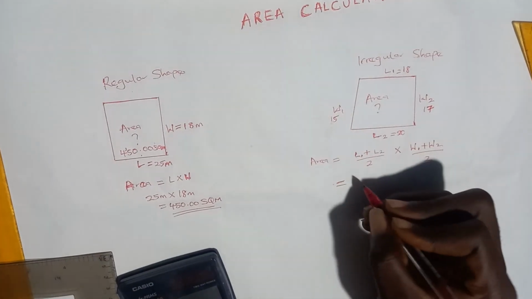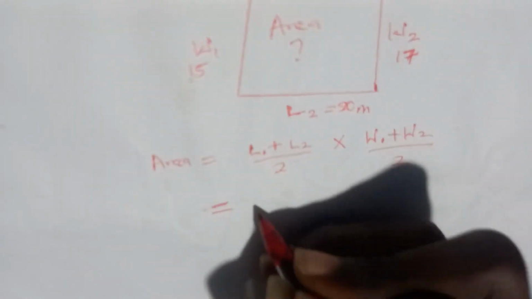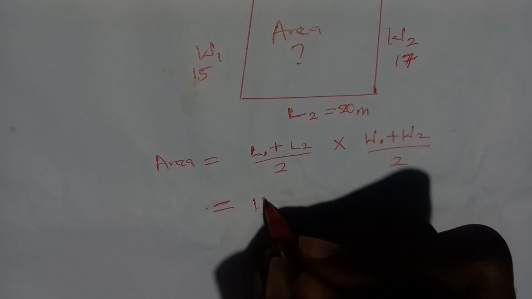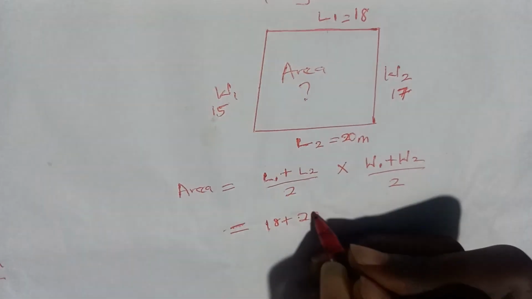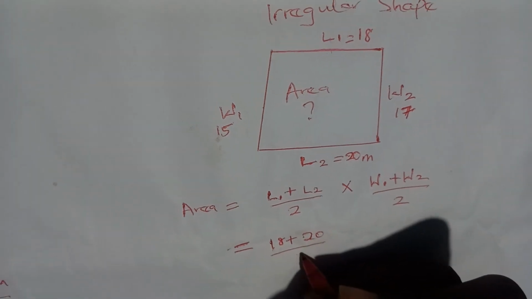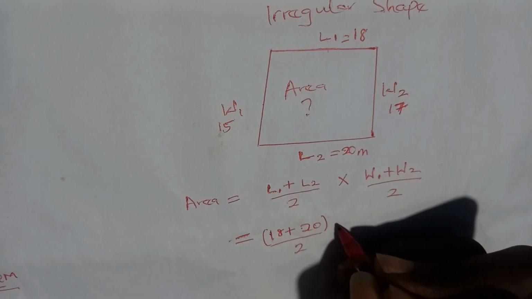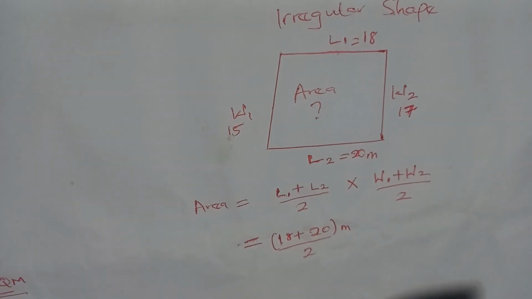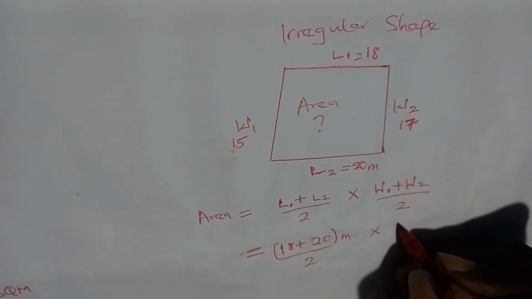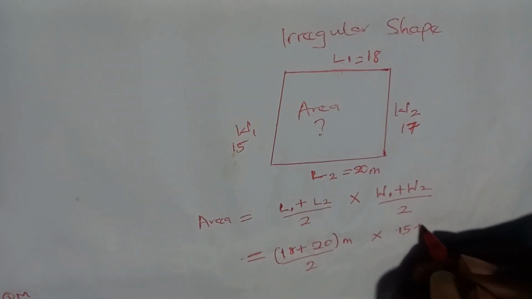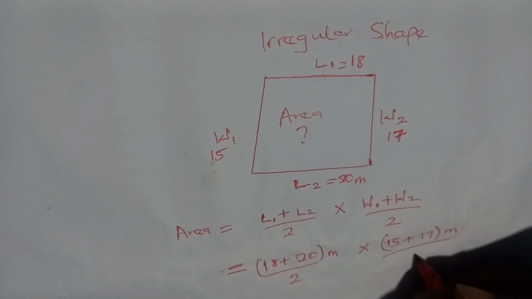Bringing the dimensions in meter into the formula, we have 18 meter plus 20 meter divided by 2. They are both in meter. Then multiply by my width one, 15 meter plus 17 meter, both in meter, divided by 2.